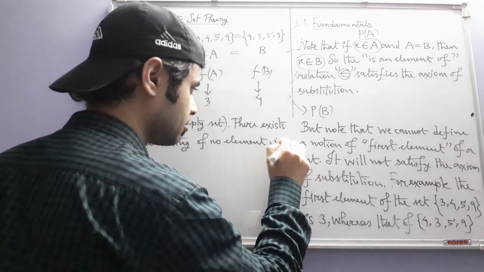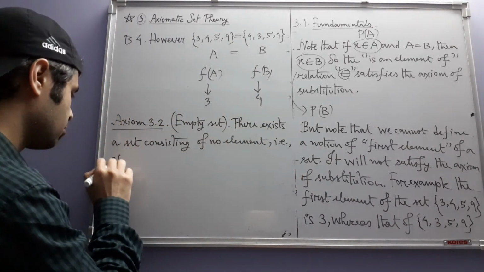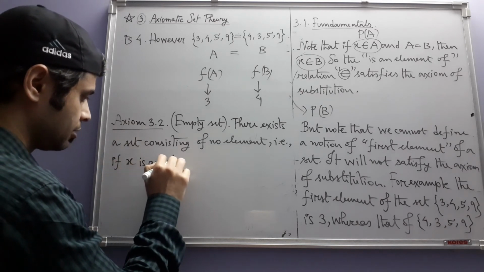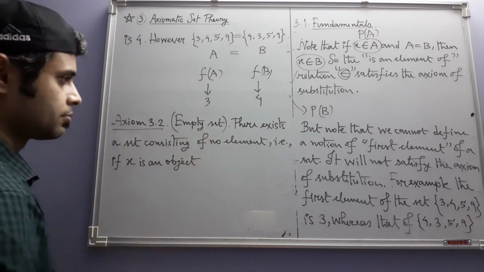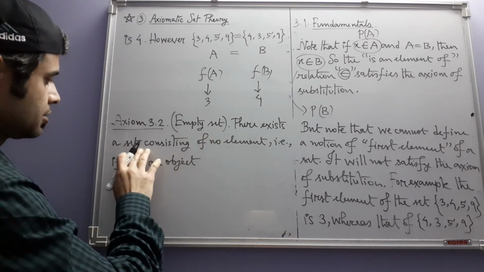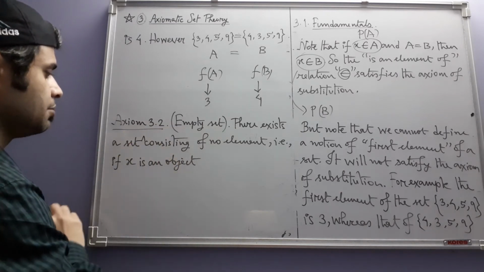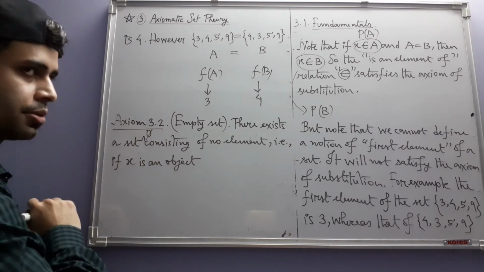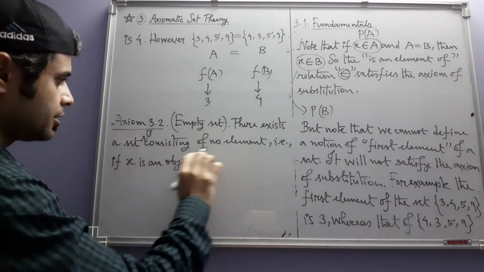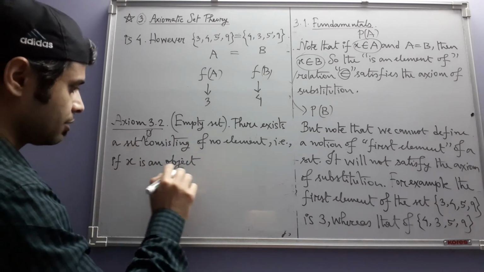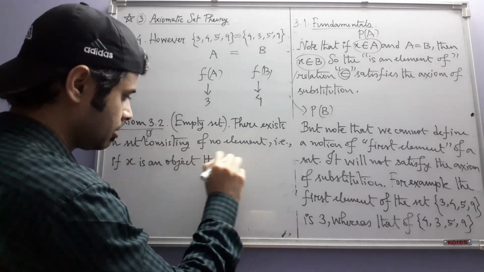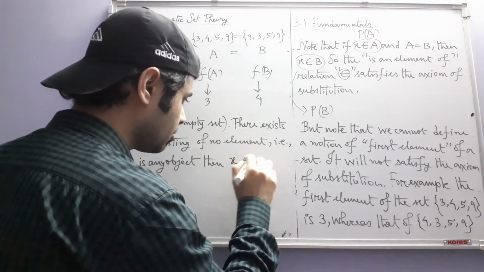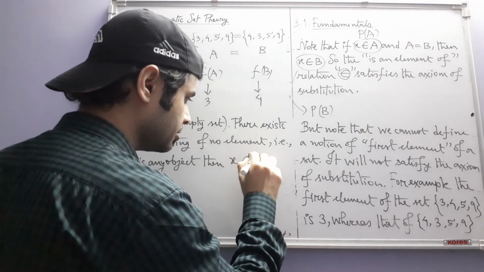That is, there exists a set, and we can insert the symbol here itself, which is denoted by this, consisting of no element. That is, if X is any object, then it is always true that X does not belong to this.